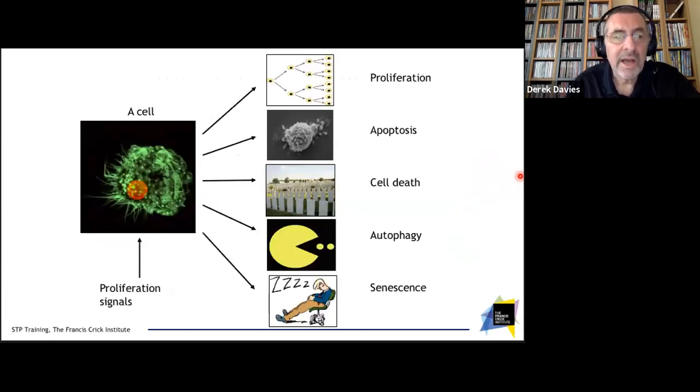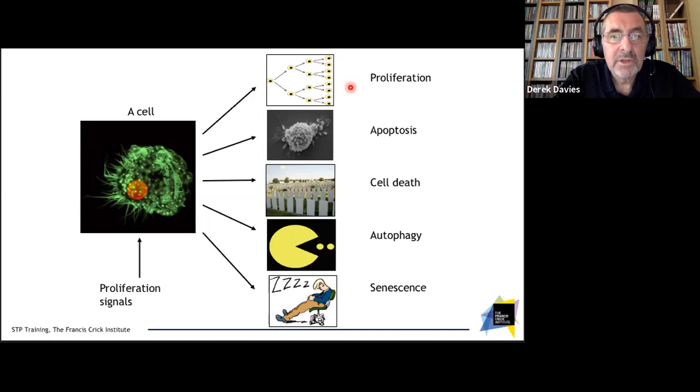So if we take a cell, here's a cell, and I give it some sort of signal, growth signal in this case, that cell has a choice of things that it can do. If the conditions are right, that cell will proliferate, it'll start growing, and that's exactly what we want when we're growing during embryogenesis, or whether we're wound healing or regenerating.